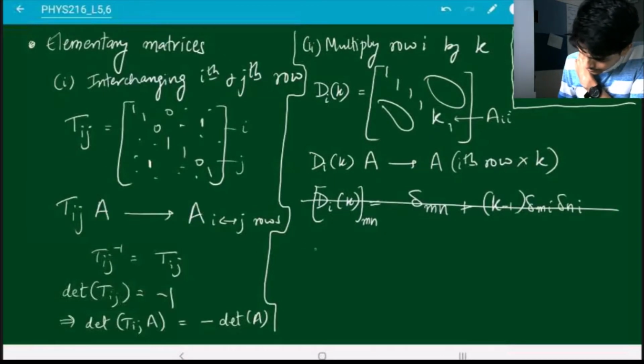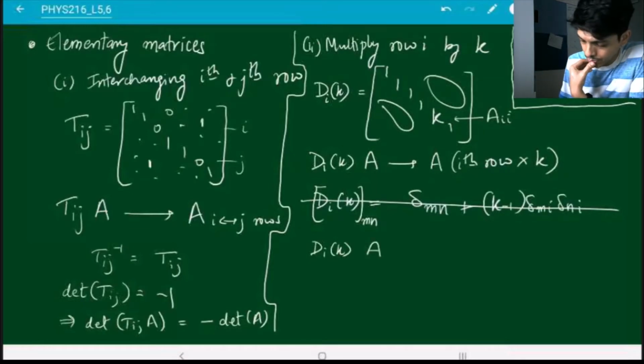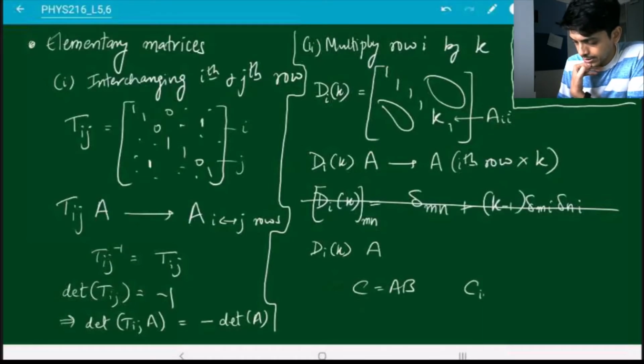So just consider this product D_i(k) times A. Now this is a matrix multiplication. I hope you have seen this in your linear algebra course, that if C is equal to AB, then the elements of C, C_ij, are written as the sum over k of A_ik B_kj.